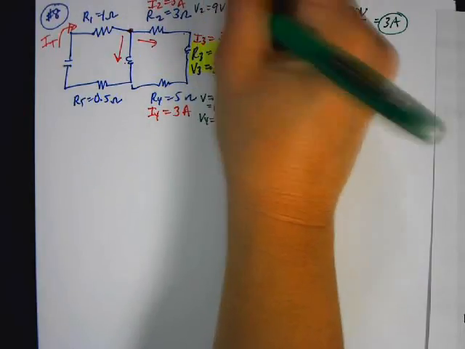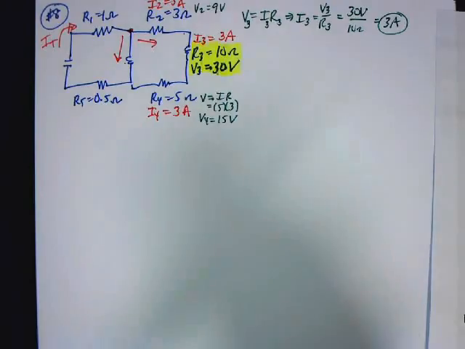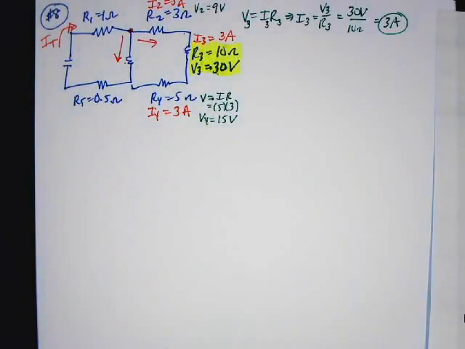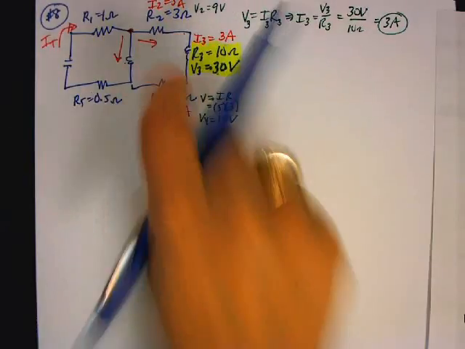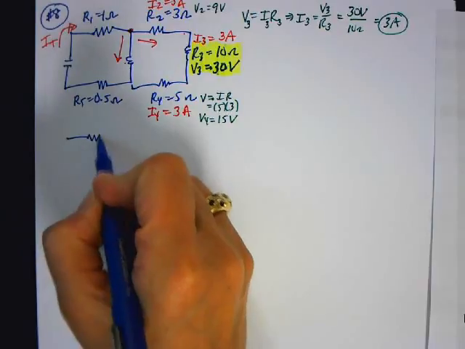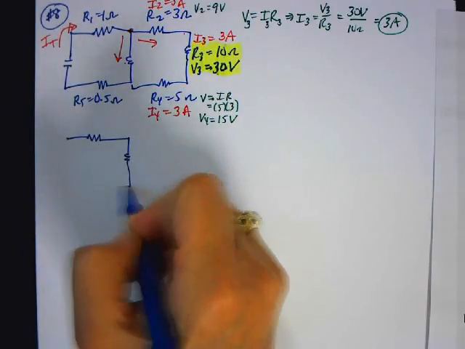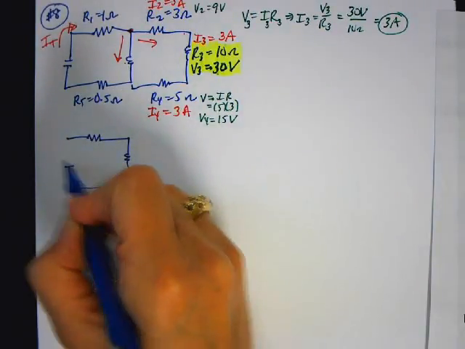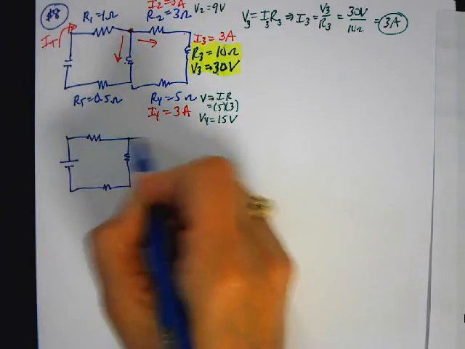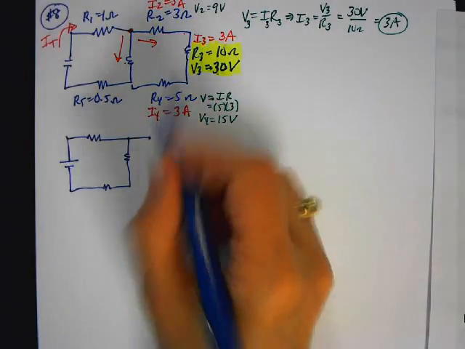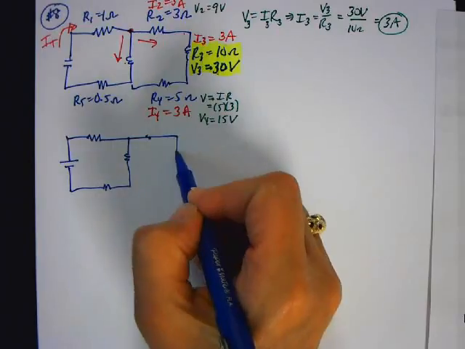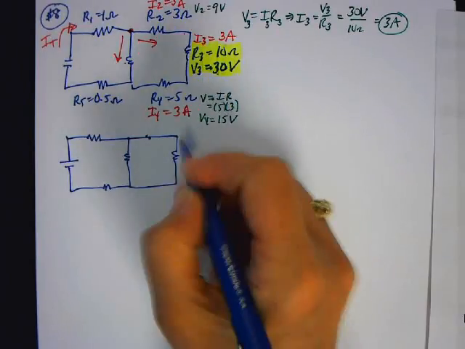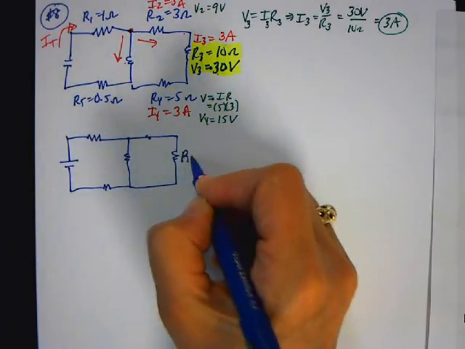But I already started doing stuff, and I don't have a way to check my work, so that's why I'm going to start doing my equivalent resistances. Okay? So these three are in series. So the first thing I'm going to do is redraw my diagram. I'm going to leave everything the same, but instead of these three in series, I'm going to replace them with one equivalent resistor I'm going to call R2,3,4.